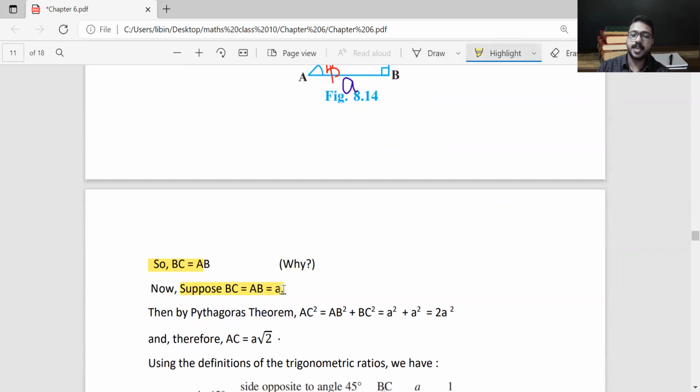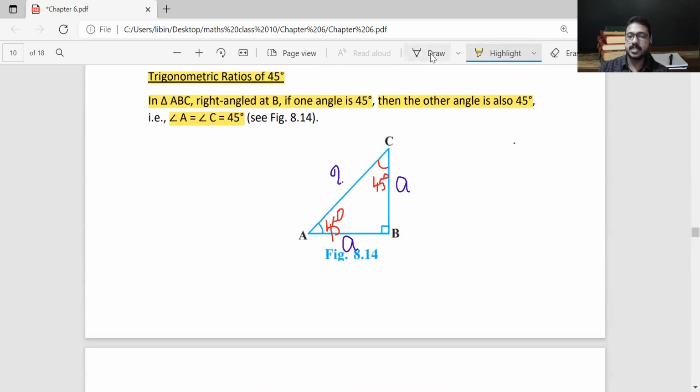Now suppose BC is equal to AB is equal to A, and by using Pythagoras theorem we can say AC squared is equal to AB squared plus BC squared, which is equal to A squared plus A squared is equal to 2A squared, and therefore AC is equal to A root 2, which means we have found the value of AC as how much it is? A root 2.